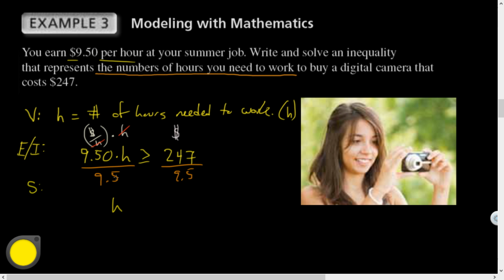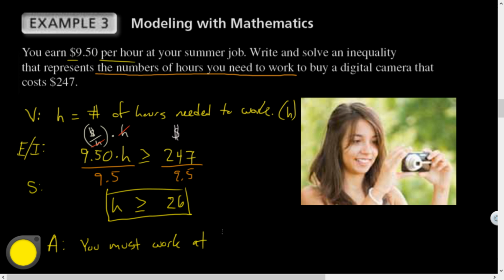No. Okay, so the inequality stays the same. It's going to be H is greater than or equal to, I just reached for a calculator for that one, 26. And so the answer to the question, my friends, is you must work at least, that means can equal, must be equal or bigger, 26 hours.